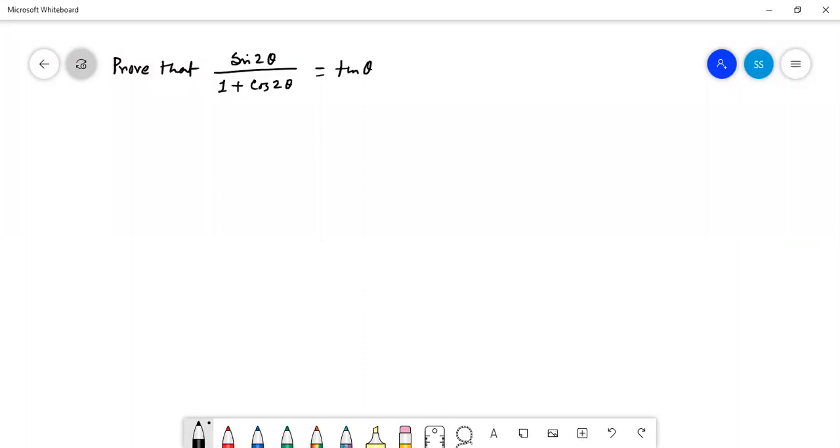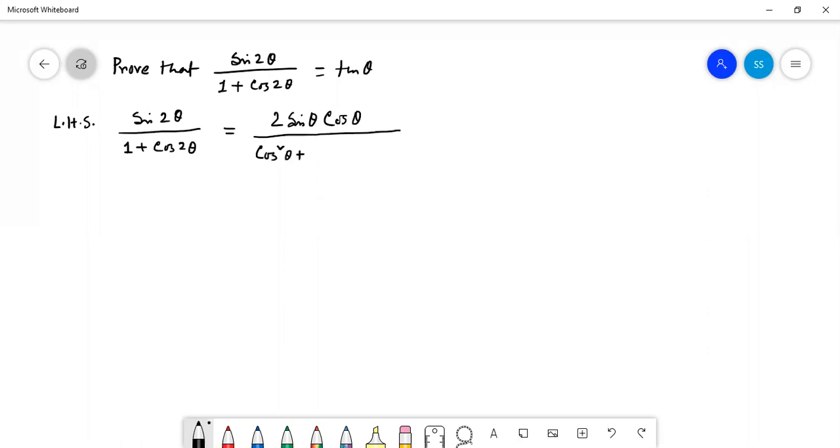So from the left hand side, we start from LHS: sin 2 theta by 1 plus cos 2 theta. Sin 2 theta means 2 sin theta into cos theta, by 1 which can be written as cos square theta plus sin square theta, plus the formula of cos 2 theta, which is cos square theta minus sin square theta.